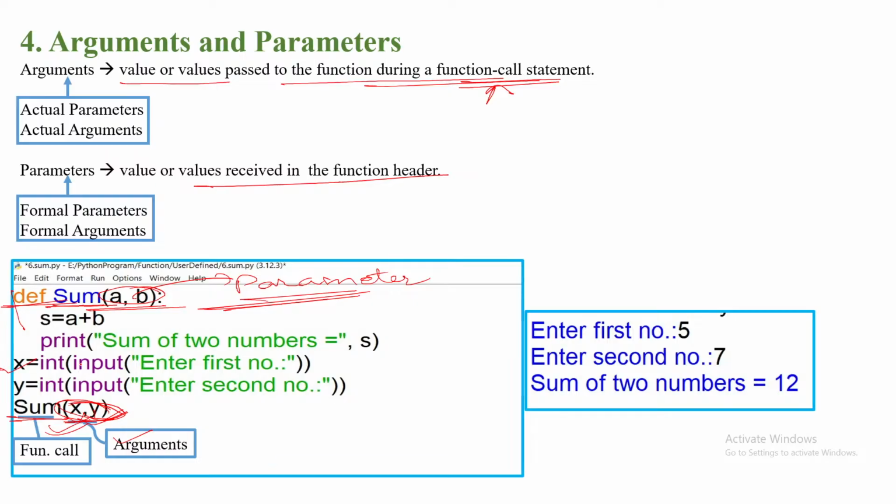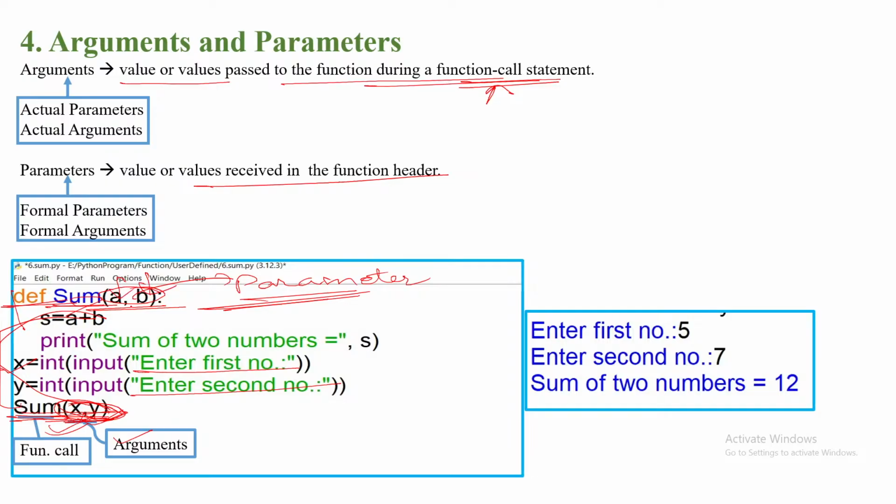So whenever you run the program, first the system will ask to enter the first number, then enter the second number, then whenever it checks this function, it will automatically come here. So whatever value is passed in the function call will be received by the function header.